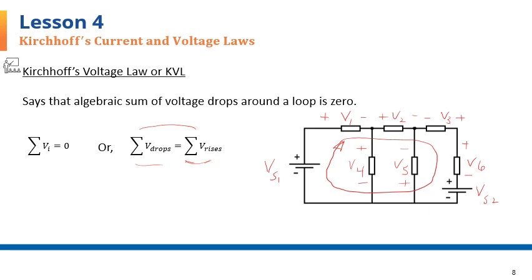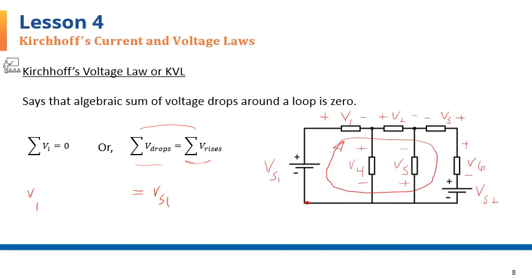So going around the loop, I'll look at all of the voltage drops. Starting here, this is a voltage rise. So I can ignore it for now and come back to it, or I can put the voltage rise on the right hand side as I go, and voltage drops on the left hand side of the equal sign. So that would be V1.